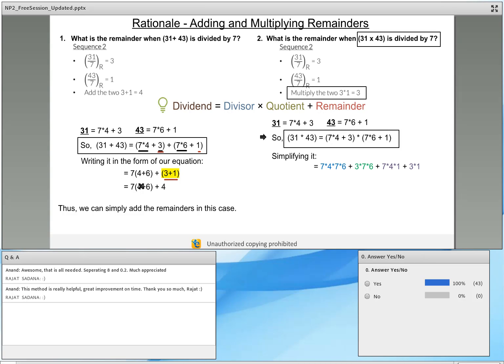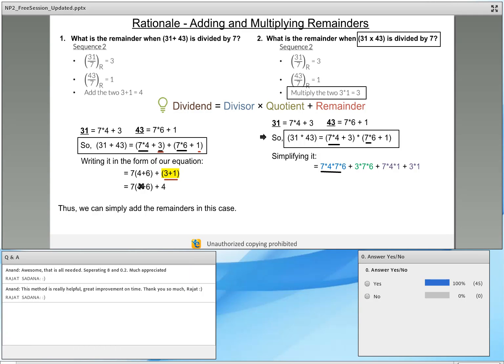All right, thank you. So when you simplify it, you get this. You get 7 times 4 times 7 times 6. So this first term is a multiplication of this with this over here. Then you get 3 times 7 times 6.